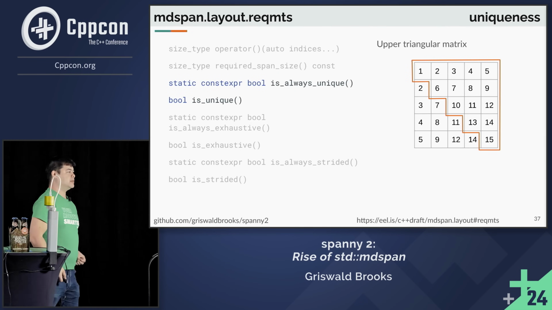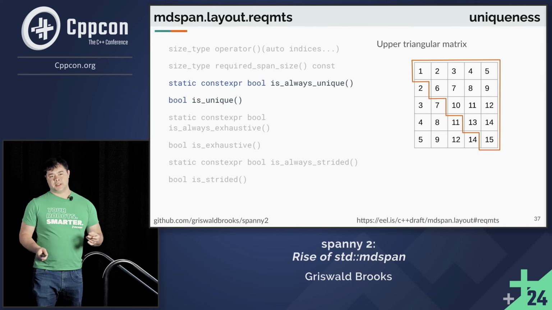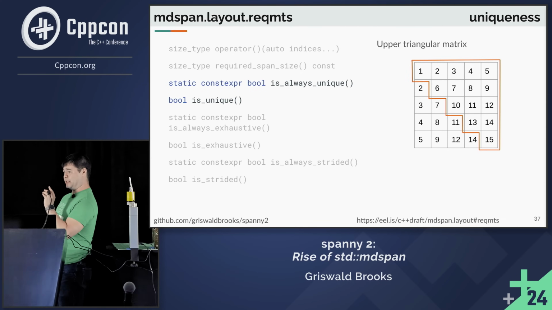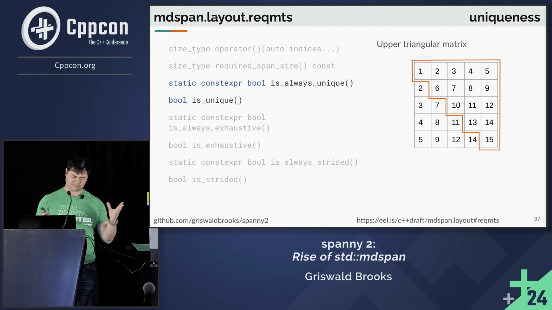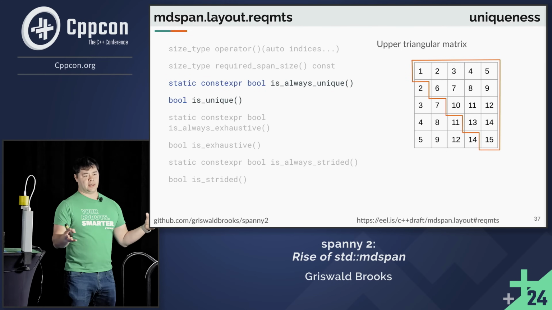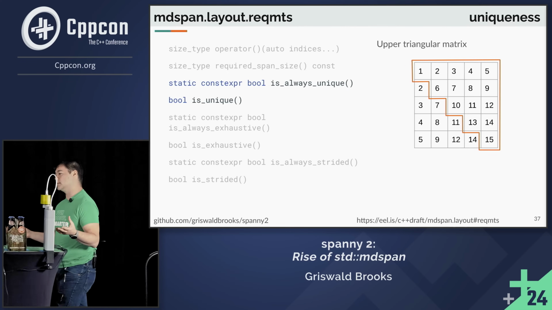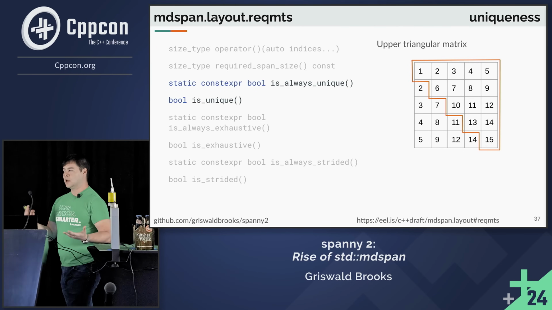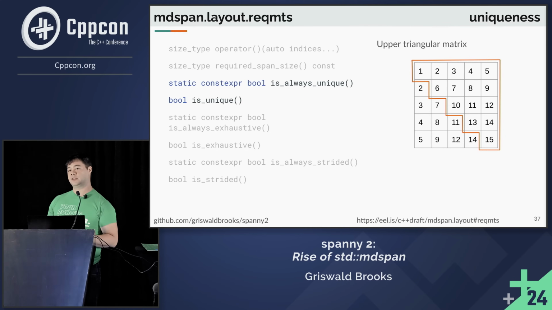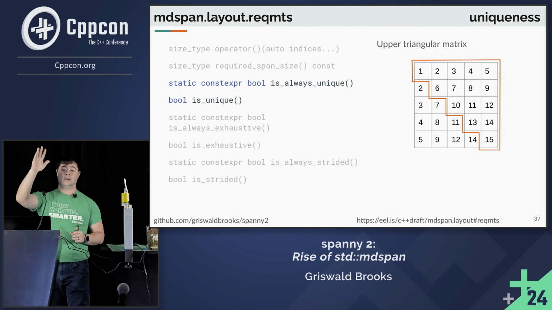Okay, uniqueness. Uniqueness asks the question: does every index in your layout map to exactly one storage location? This isn't always the case. For example, Timur, in his talk, showed how to implement an upper triangular matrix, right? An upper triangular matrix, for those of you who aren't dipped in math, is a matrix of numbers that is symmetric around the diagonal.